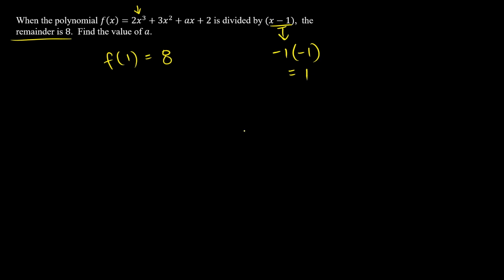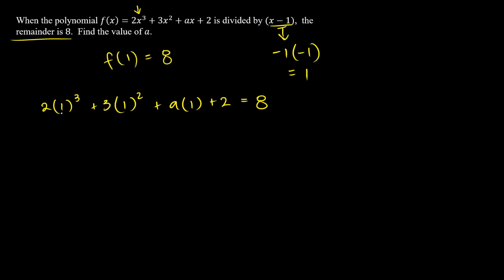So in that case, we can actually expand this and write 2 times 1 cubed plus 3 times 1 squared plus a times 1, because we don't know the value of a just yet, plus 2 is all equal to 8, right? Then simplify.